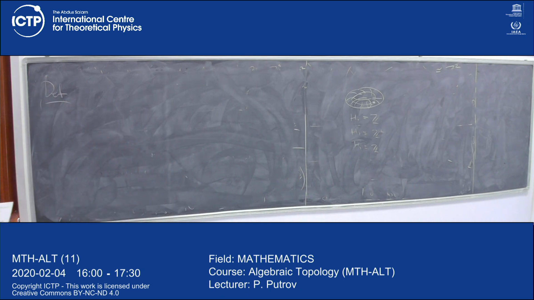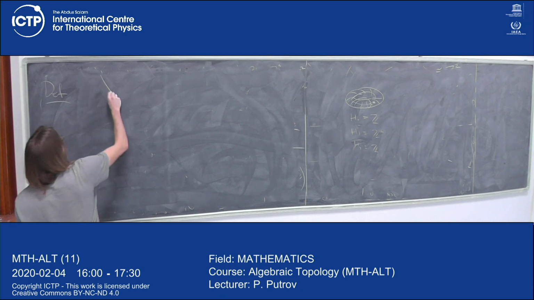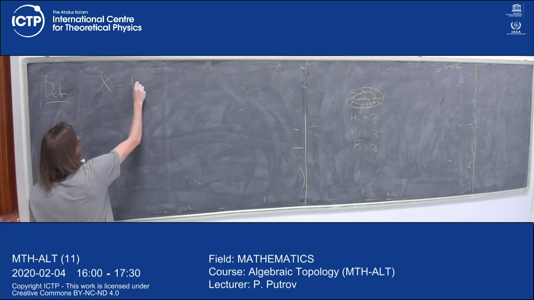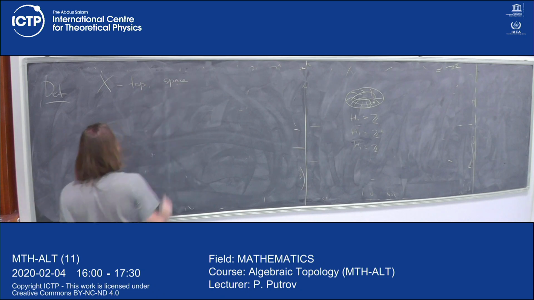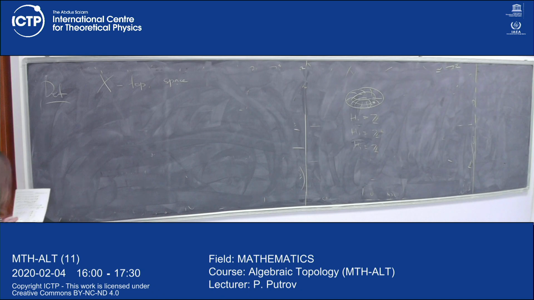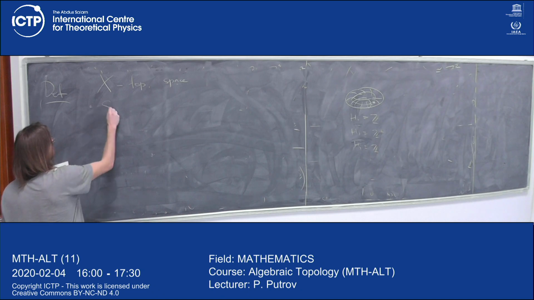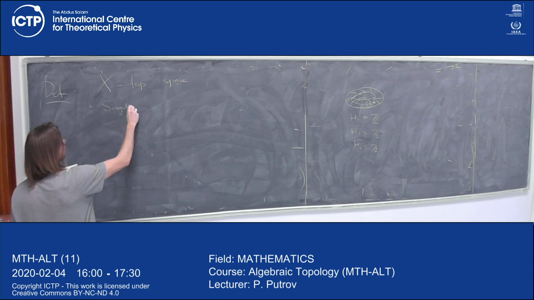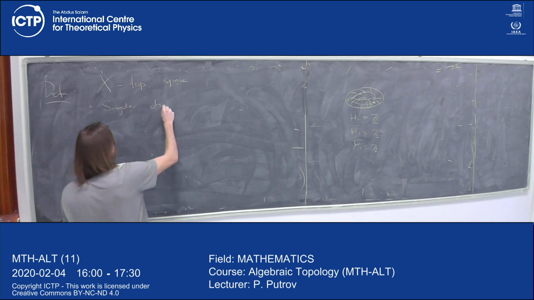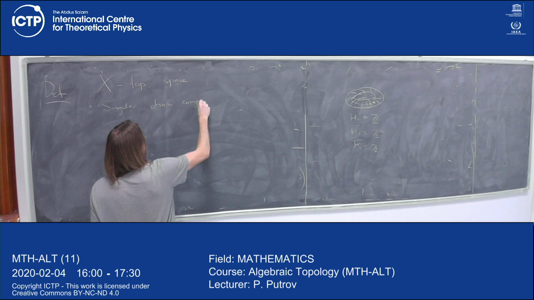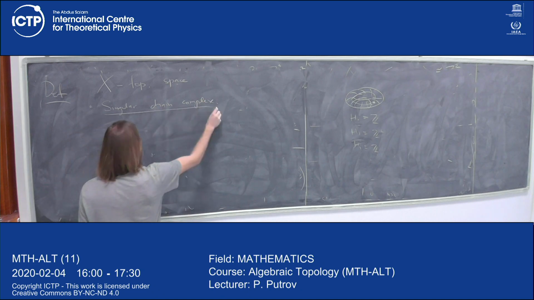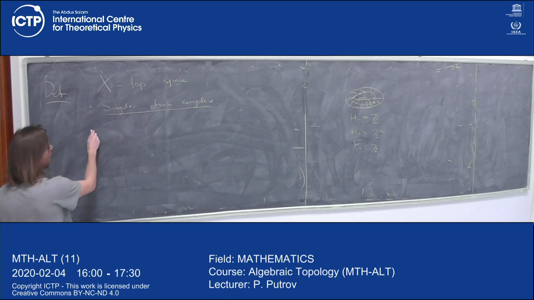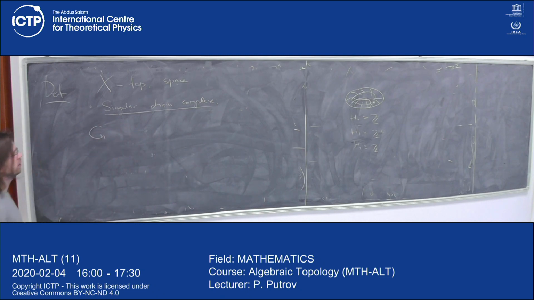So we want to make a different definition. Let X be a topological space. We want to define what's called the singular chain complex, Cn. For a chain complex, we need to define a sequence of abelian groups.